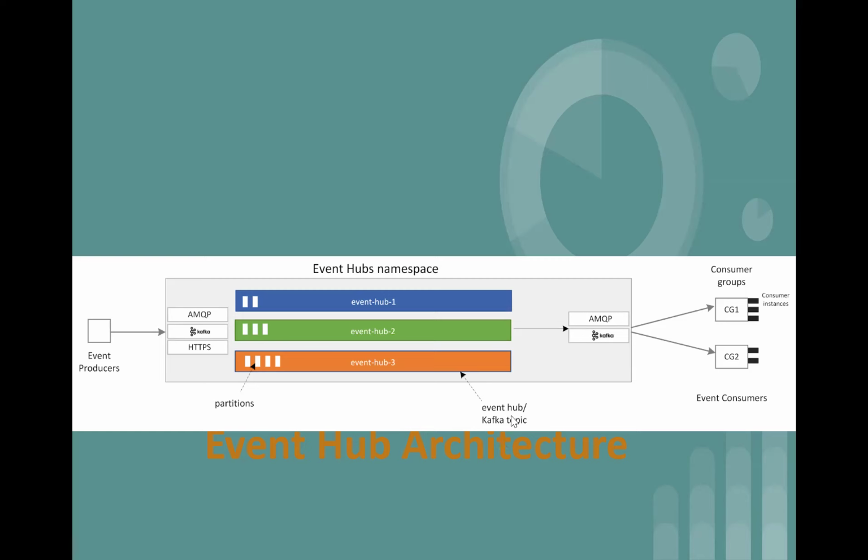Now, each topic can have partitions. Partitions are just organizing into different racks. So if I'm getting 1,000 customers, the topic will be customer, and that topic can have multiple partitions, 4 partitions, 5 partitions.